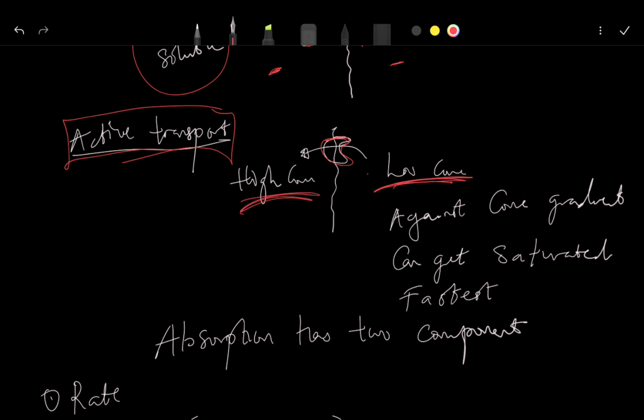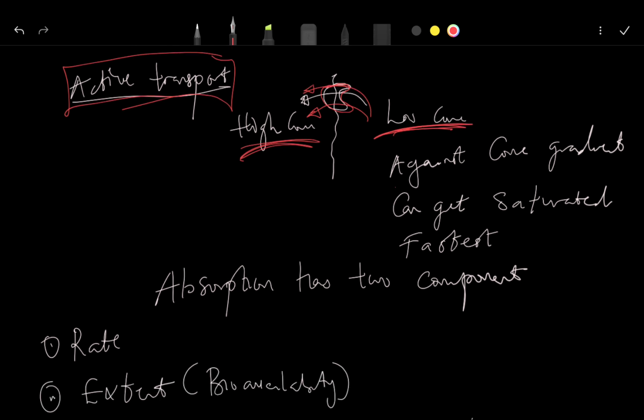It means that we are moving against the gradient, so we go against the concentration gradient. This also is saturable, but the idea is that this is the fastest way in which substances move, because we are using ATP.